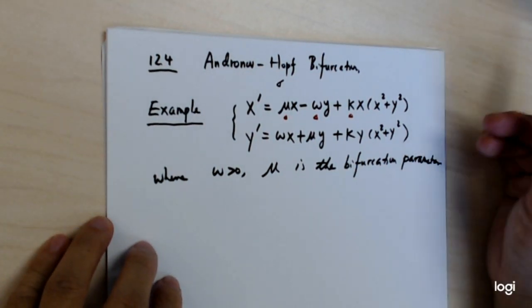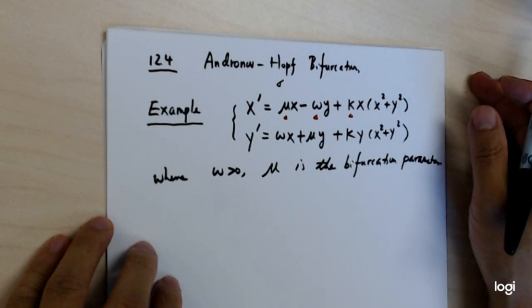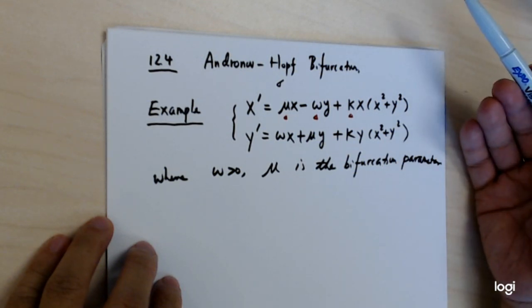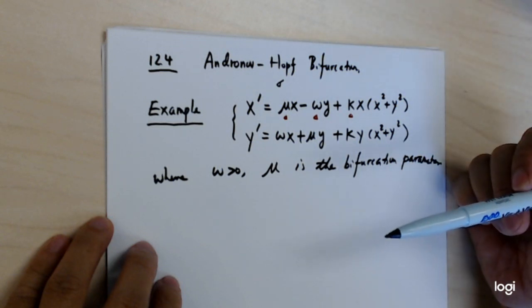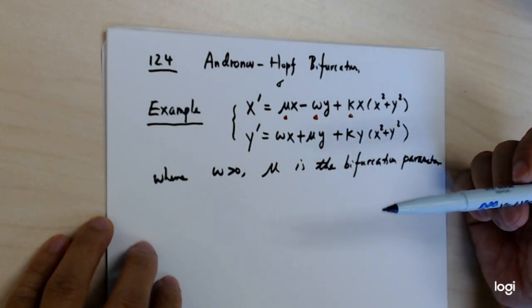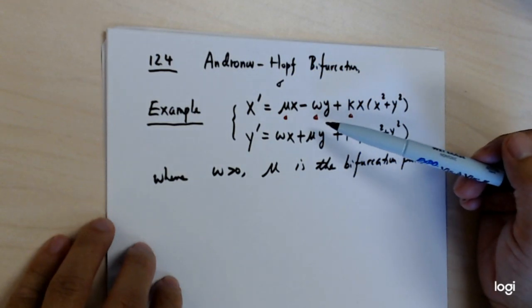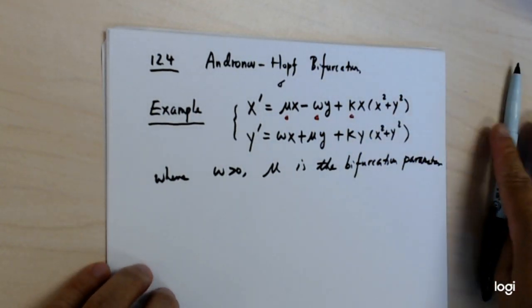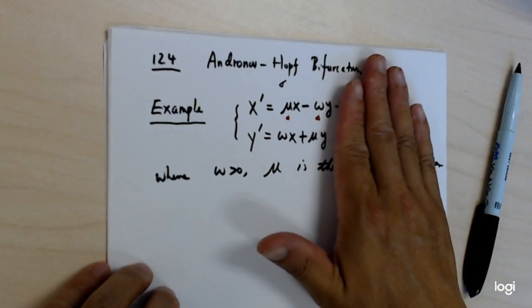Looks kind of tricky to study, but one can easily linearize this at the origin. (0, 0) is apparently an equilibrium. If you ignore the high order terms here, that essentially becomes the linearized version.